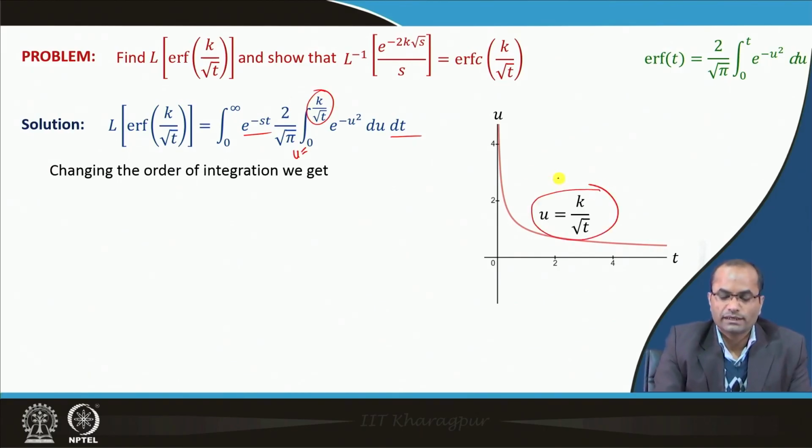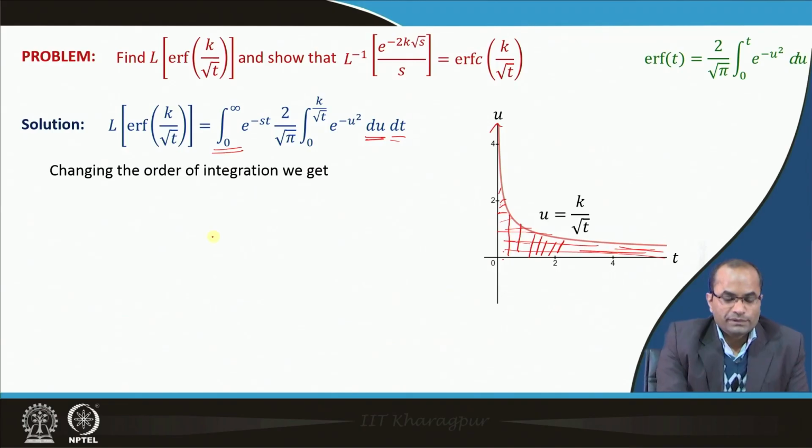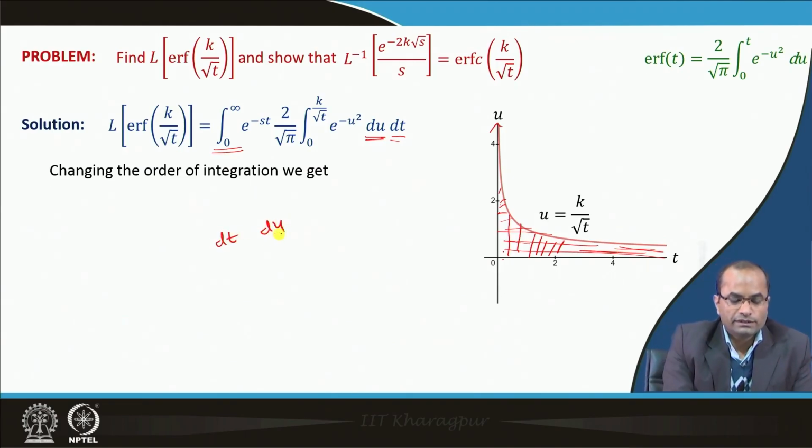So, u equals k over square root t, that is the graph here. Looking at the region of integration, u in this direction is going from 0 always to this graph, and then the overall range for t is 0 to infinity, and then we are covering this region of integration. Now, for the change, we want dt and then du there.